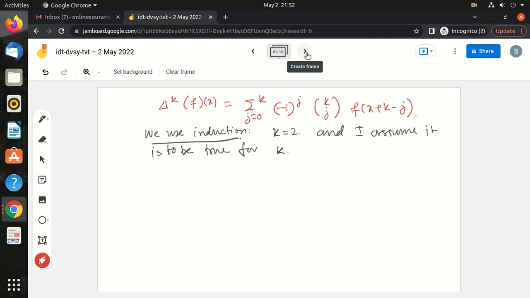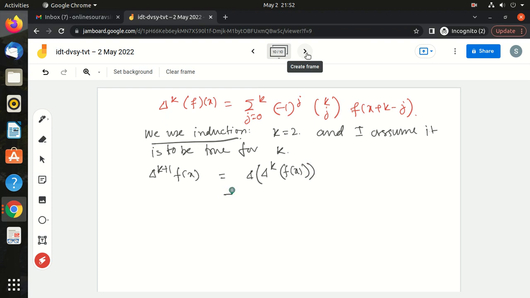Now I'll show it is true for k plus 1. So delta k plus 1 of f of x is delta of delta k of f of x.